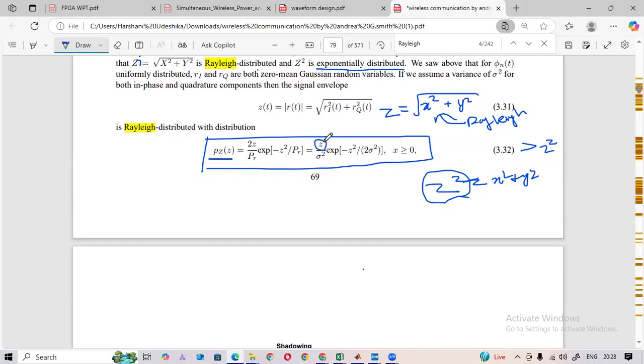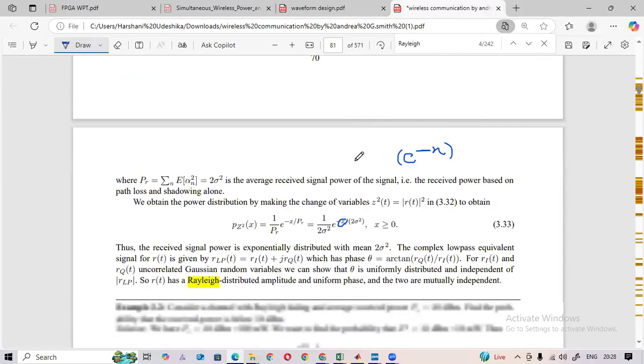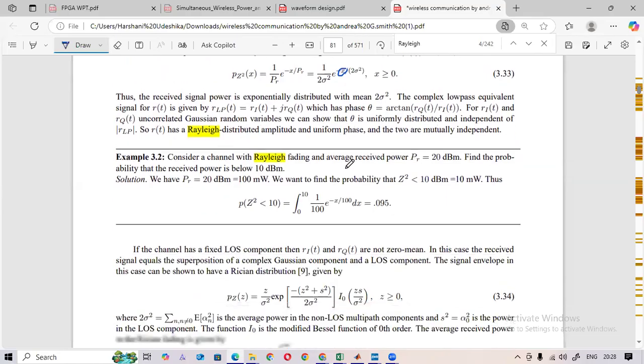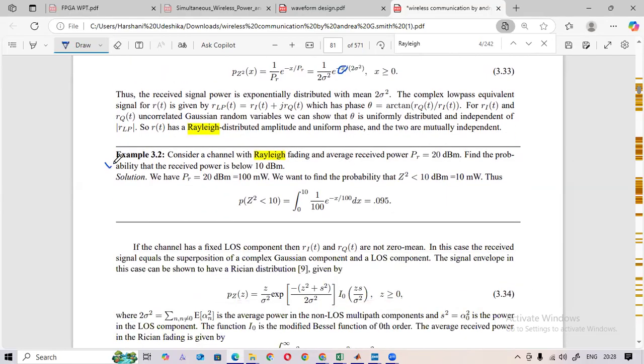So this is not exponentially changing, okay. But if you consider this one, if you get the square, Z square, then this will be an exponentially distributed signal, okay.